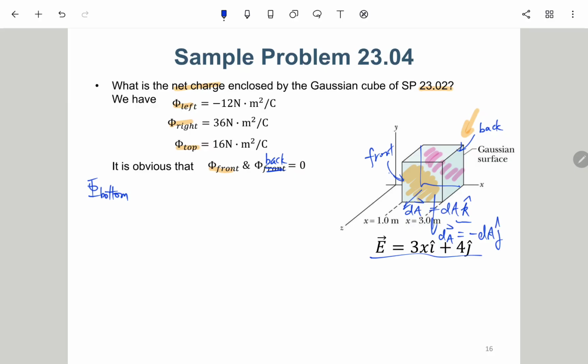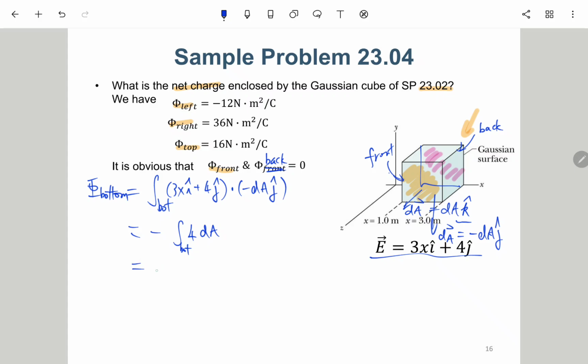So we have the integration of 3x i hat plus 4 j hat dotted with negative dA j hat. i hat dot j hat will be 0, and the remaining one is the integration of 4 dA for the bottom surface.